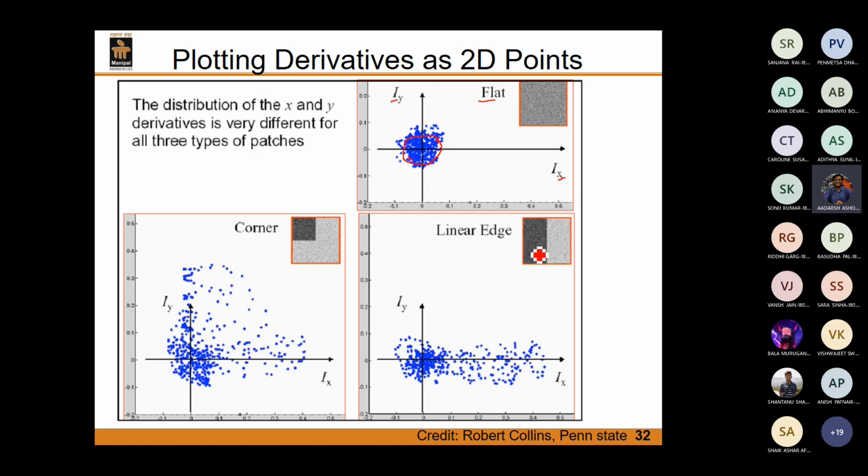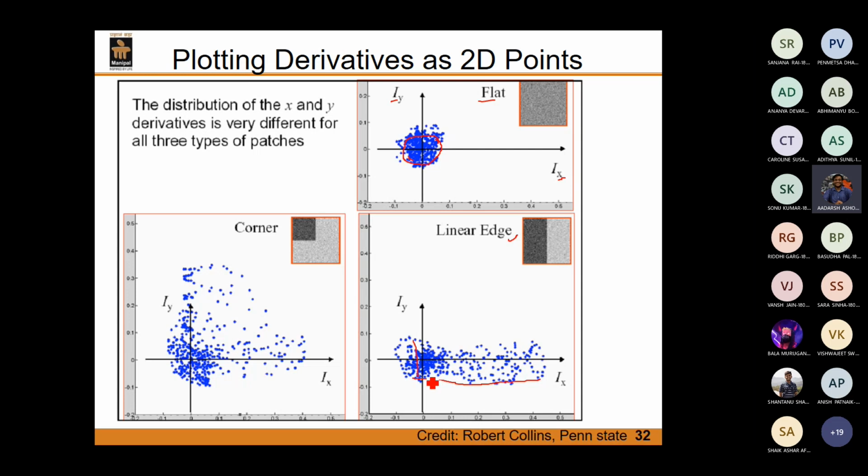But if I'm taking a linear edge region, the one which was shown over here, we have already seen how the visualization looks when calculating Ix. If I plot Ix versus Iy, what I see is that along Ix, I see gradient vectors with large magnitudes, but along the y direction, I do not see much variation or many significant gradient vectors.